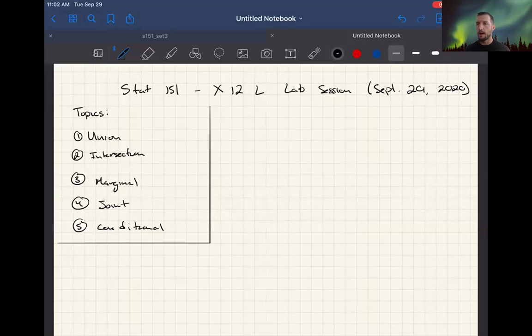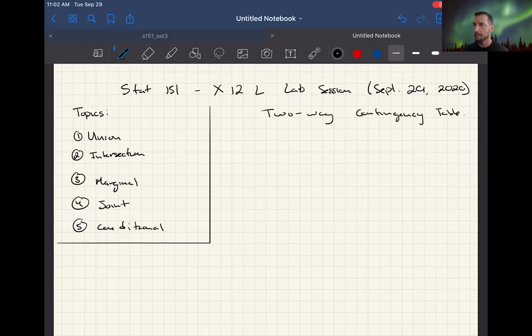All right, so as a reminder, a two-way contingency table looks something like this. We're going to have a row and a column label.